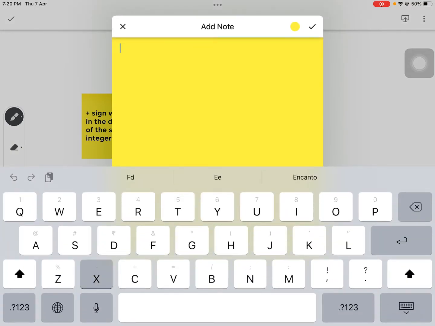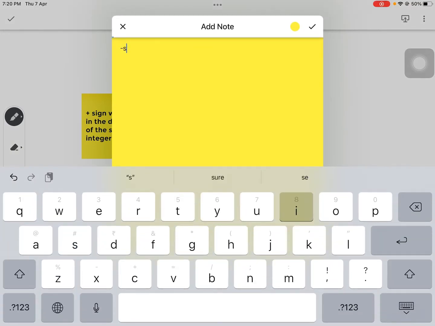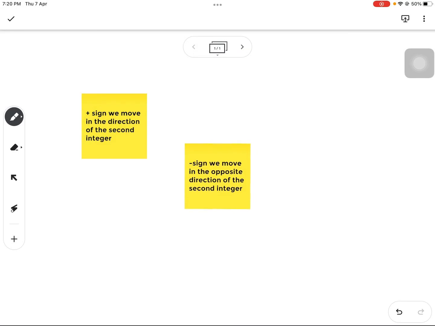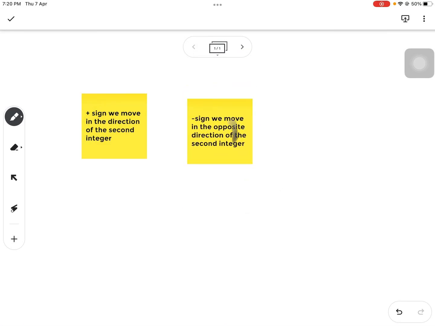But when we have a negative sign, we move in the opposite direction of the second integer. So got it, guys? So that's how we do addition and subtraction.